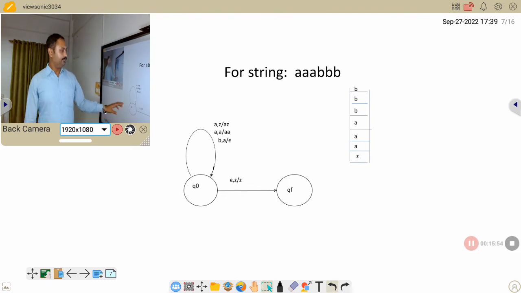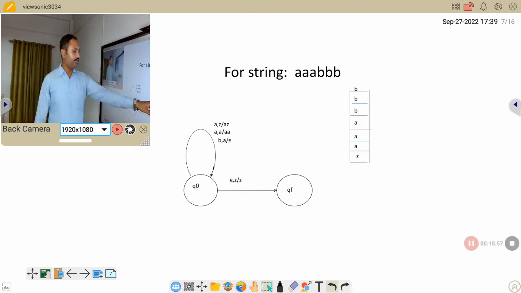Now we are going to insert A. The top of the stack is Z, our input symbol is A, so we can easily add A over Z.